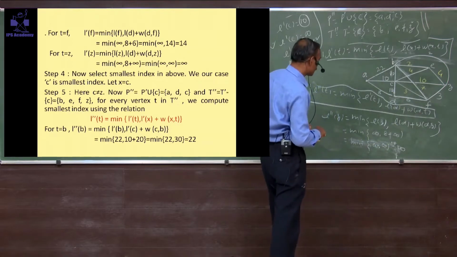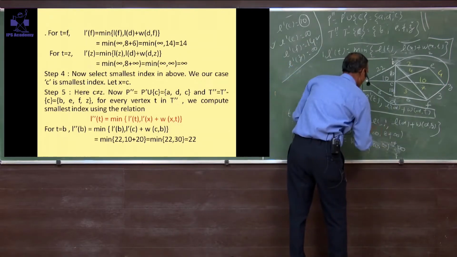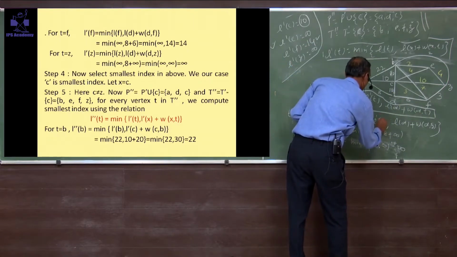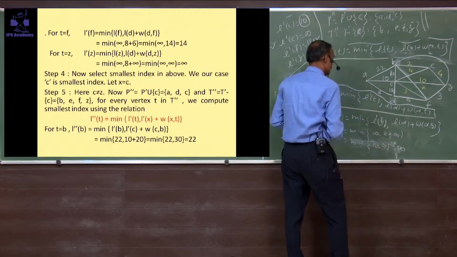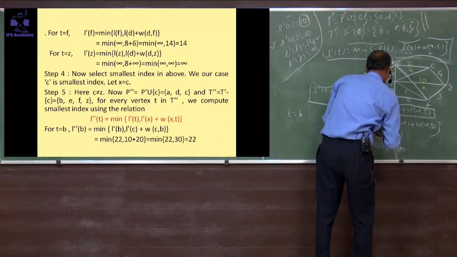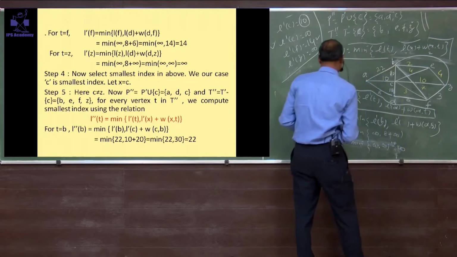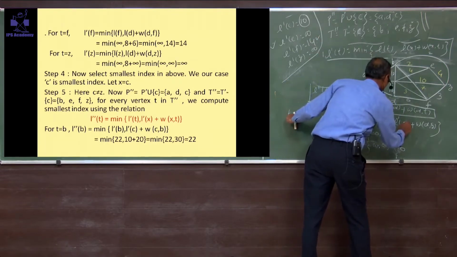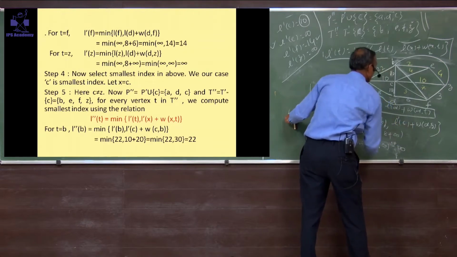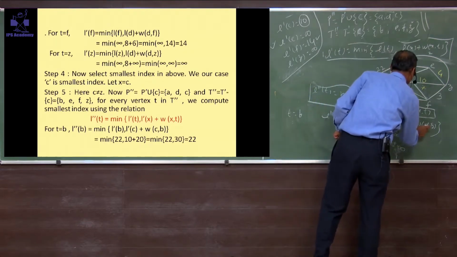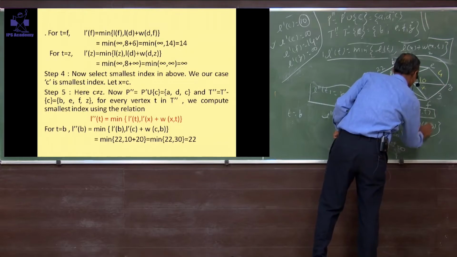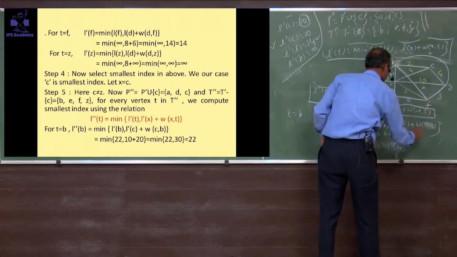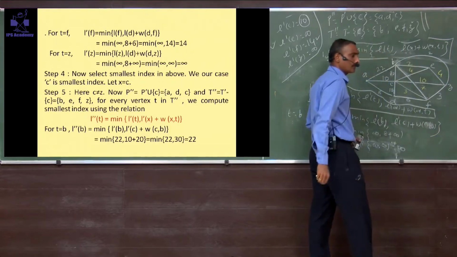Now L''(B) equals minimum of L'(B) and L'(D), where D is replaced by C, since x equals C, plus W(C, B).